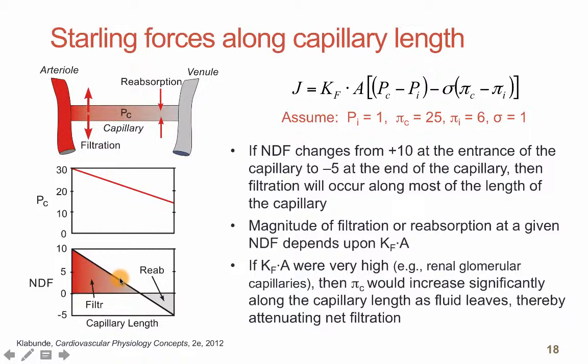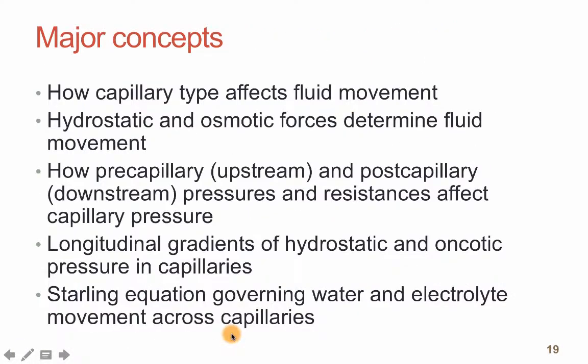And once the hydrostatic pressure reaches a pressure that is significantly low enough, then the net driving force becomes less than 0 because of the high capillary oncotic forces. And so perhaps at this point in the capillary, as shown in this model, from that point on, you will have a net reabsorption of fluid occur.